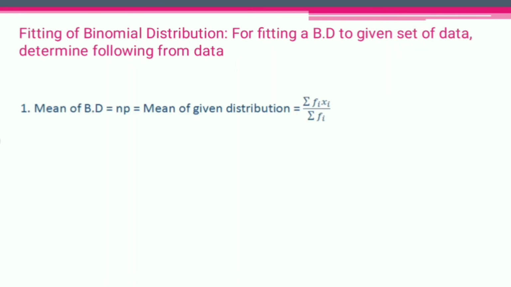The first step is to find the mean of the binomial distribution, which is equal to np, and the method to find the mean is summation xi fi upon summation fi, right? We have f and x, so we can find the mean from the given data.